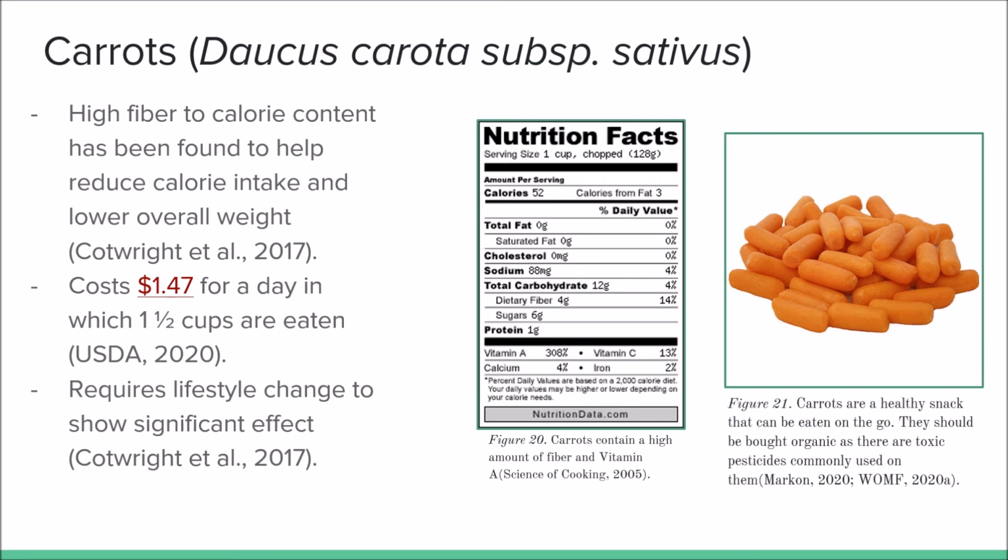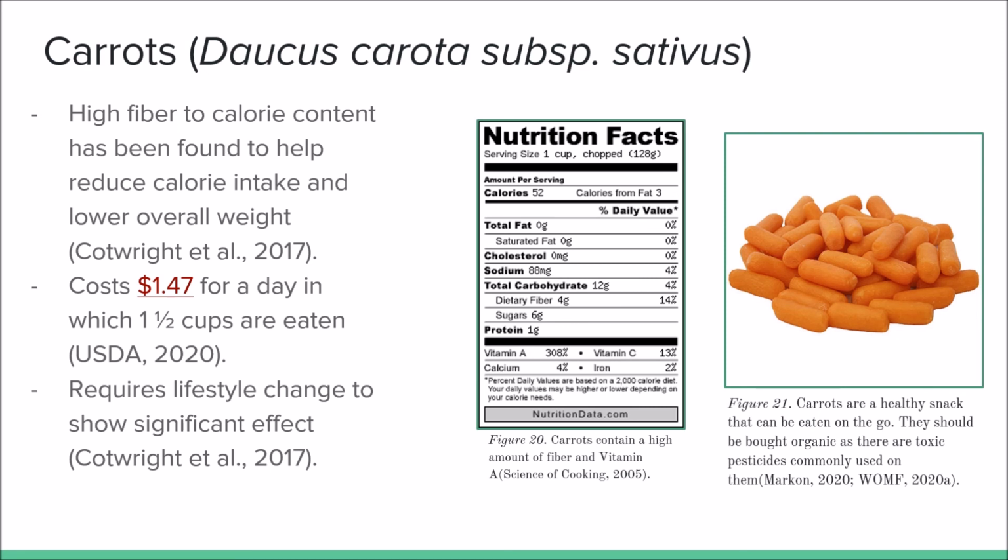Coming back to that high fiber, you can see here in the nutritional facts in figure 20 that for only 52 calories, a whole cup of carrots has 4 grams of fiber, which is over 10% of the daily amount recommended. A negative for carrots is that it costs $1.47 for a full day of the recommended serving.